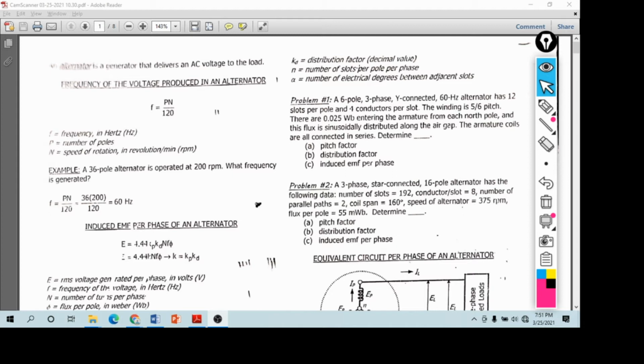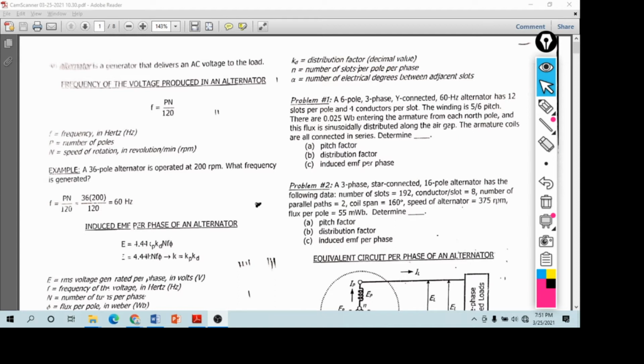So it is a generator that delivers an AC voltage to the load. So this is the life of electrical engineering, no? For 5 years of studying, we're going to tackle what is the load, what is the characteristic of the power source, as well as how to transmit the generated electrical energy to the load.